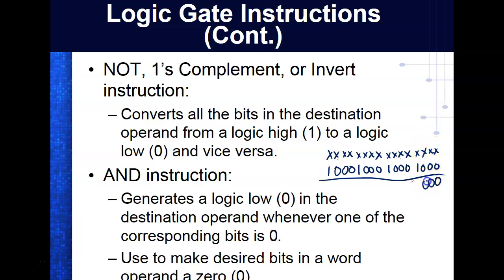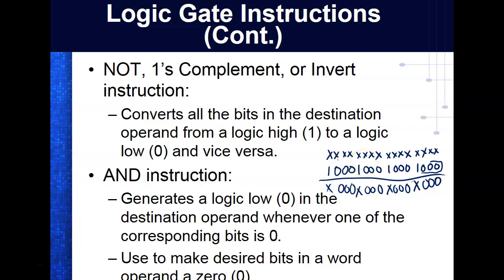No matter what this is, it would be a 0. What this would come through: if it's a 0, I would see a 0. If it was a 1, I would see a 1. So what I've done is I've masked off these bits right here. So this would be 0 0 0, that would be an X, 0 0 0, that would be an X, 0 0 0, that would be an X, whatever that happened to be.